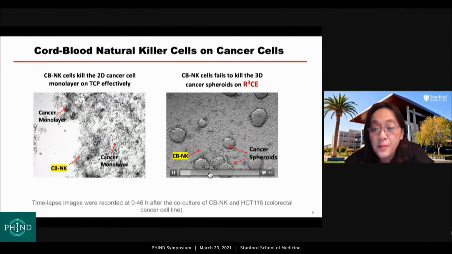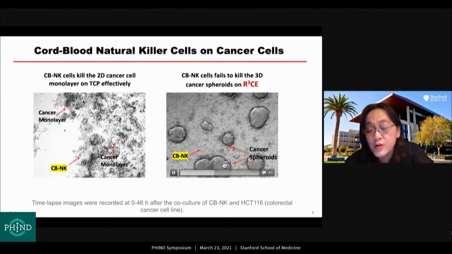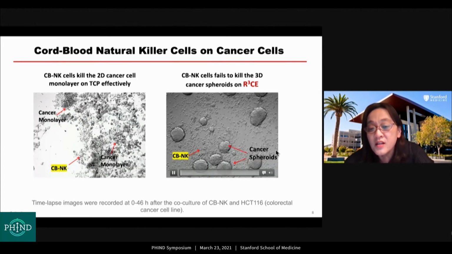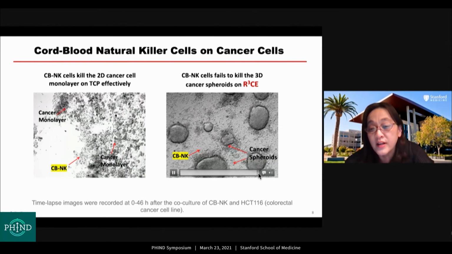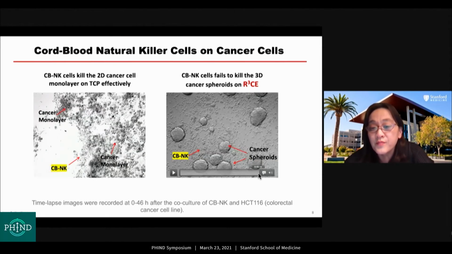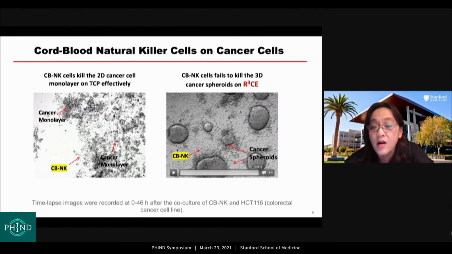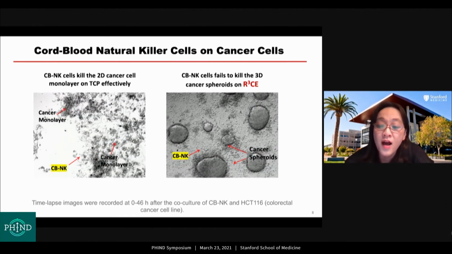As time goes by, these cells even merge together, forming a large chunk of 3D structure. At the end of 46 hours, let me quickly fast forward, you see that pretty much all the 3D spheroids are intact and maintain a very smooth morphology.